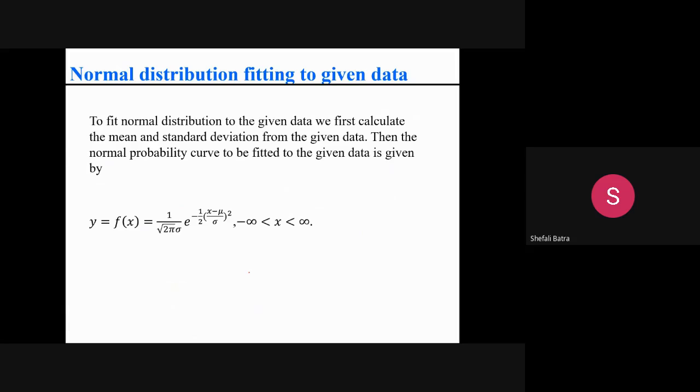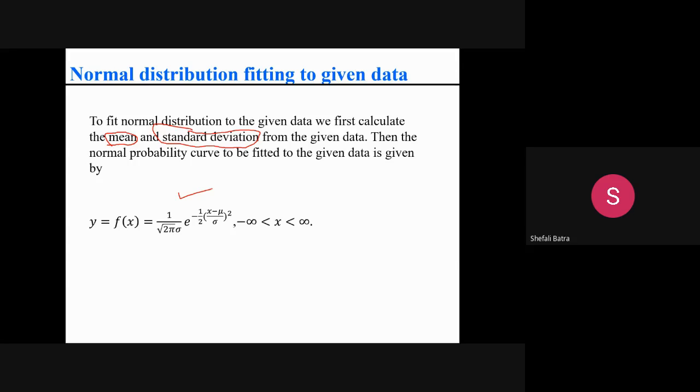Next, normal distribution fitting to the given data. For this fitting, we need what? First, we calculate the mean and standard deviation. See, if data is given to you, you will be getting the mean and standard deviation for this fitting, and then you'll be using this. It is quite lengthy for the normal distribution.